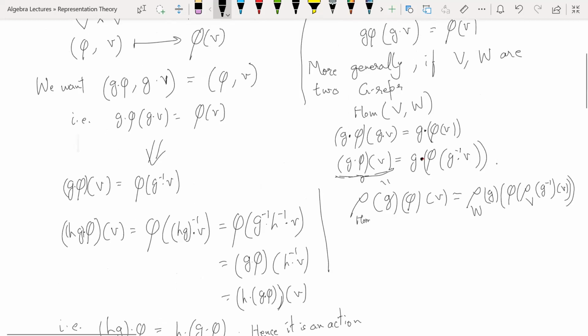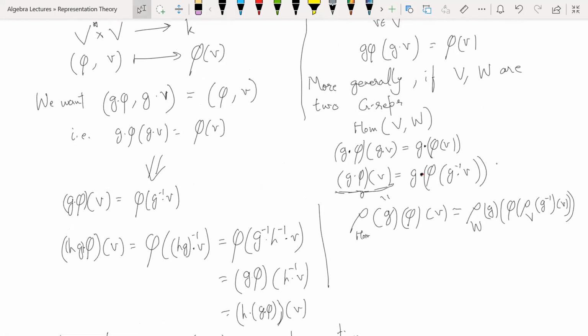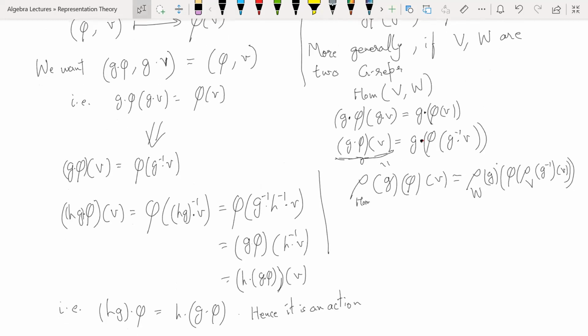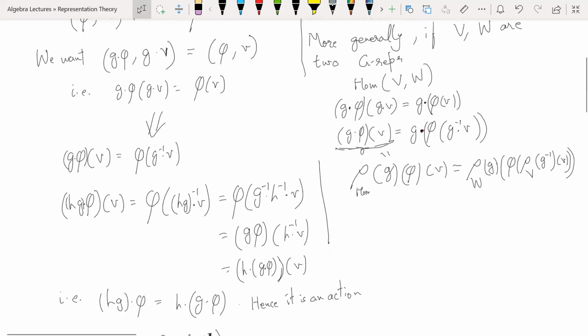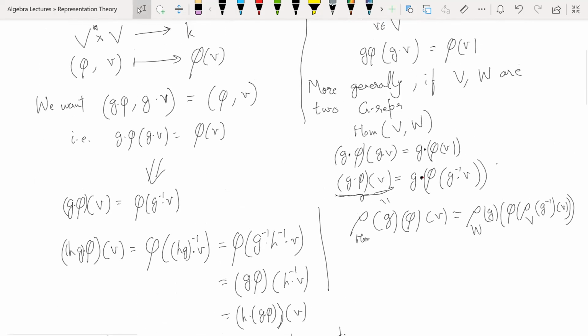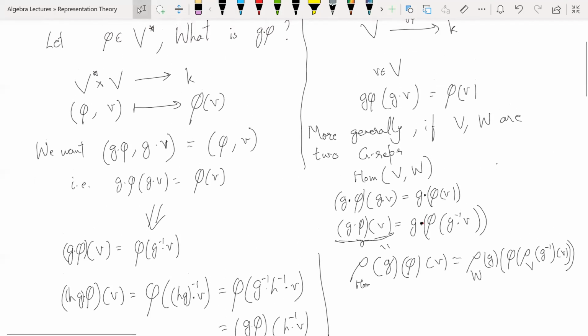Okay, so this looks somewhat complicated, maybe not too complicated, but we also want to write it in terms of matrices. In terms of matrices, it should become somewhat more transparent.